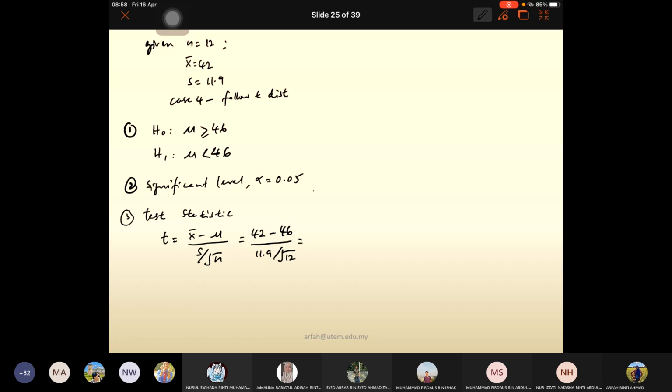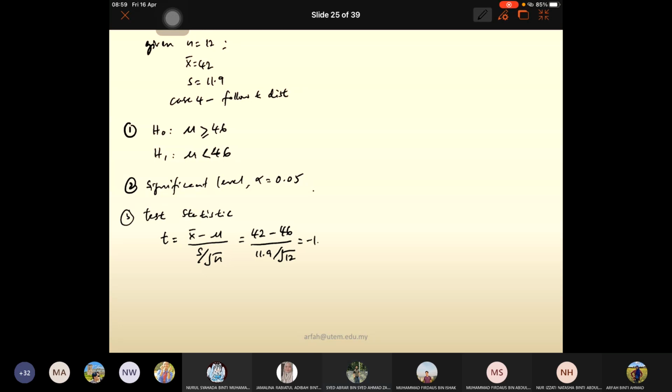So cuba kira dapat berapa? Negatif 1.16. Okay, negatif 1.16.